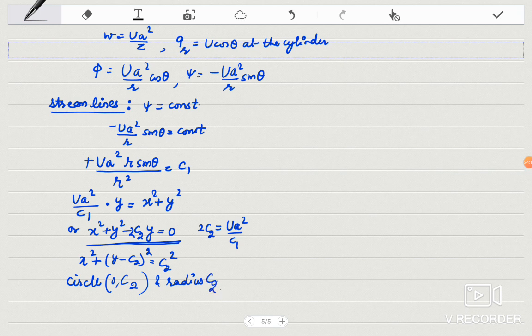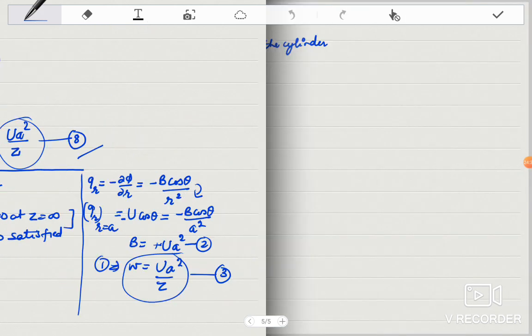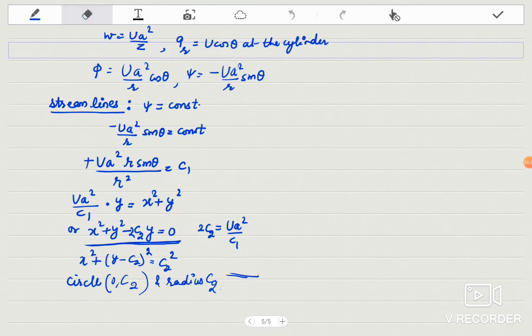As I told you earlier, the center of the circle may be 0, minus C2 as well. Either you take 0, C2 or you take 0, minus C2, one and the same thing. So it is representing a circle. It was 8. So now you are at 9. This is 9.